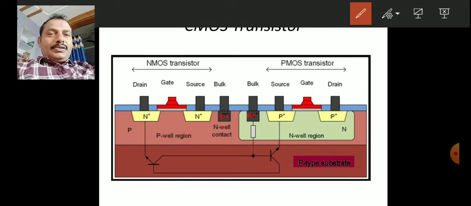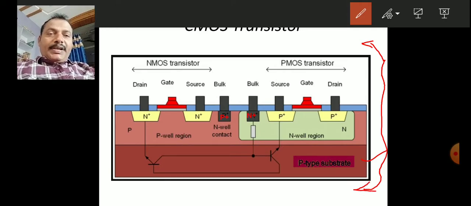This is NMOS. In the NMOS, observe here. First, a p-type substrate is taken like this. This is the p-type substrate. Initially, the overall piece of semiconductor material is the p-type substrate.